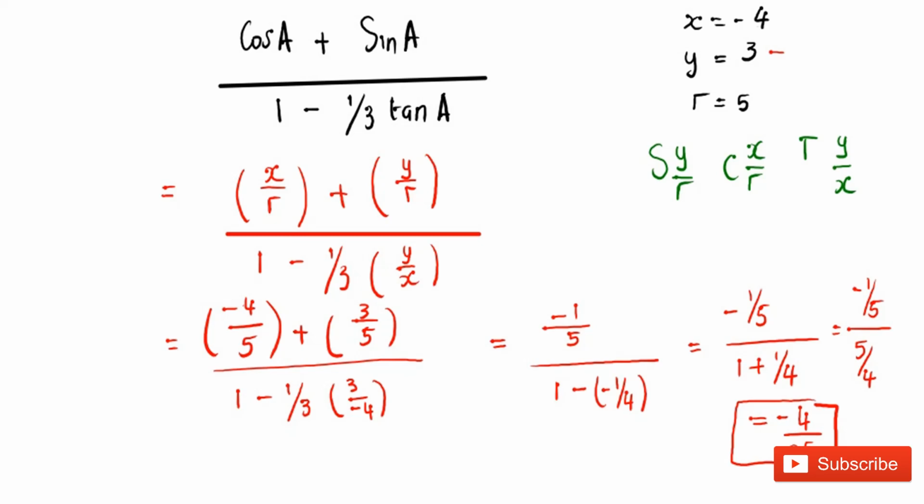Okay, so cos A plus sine A all over 1 minus 1 over 3 tan A is equal to negative 4 over 25. Okay, and let us look at the last example, guys.